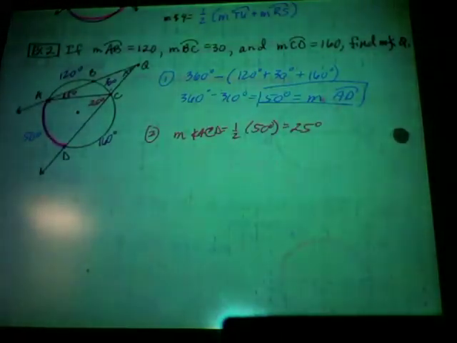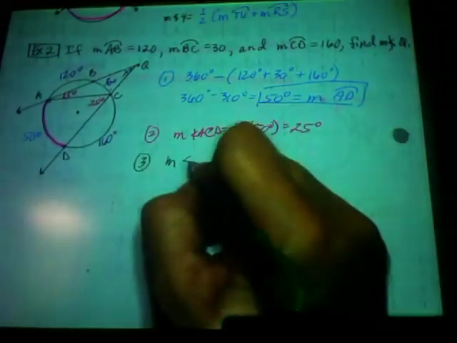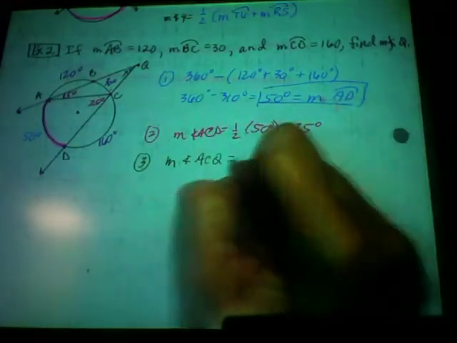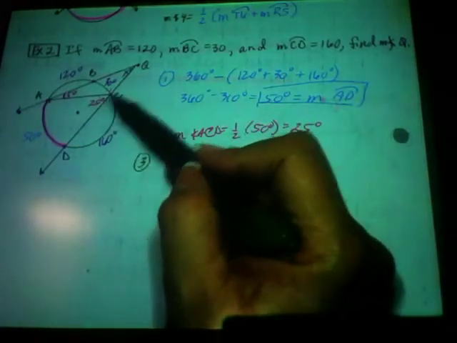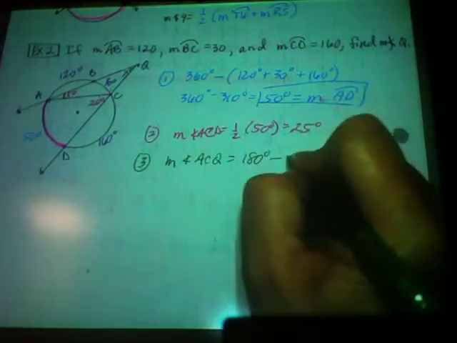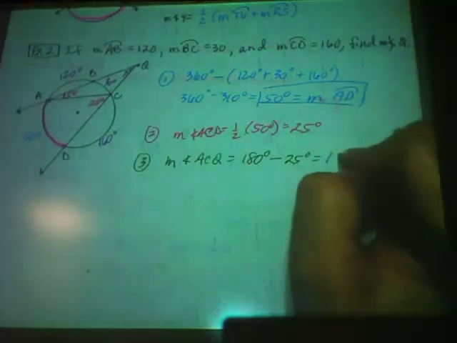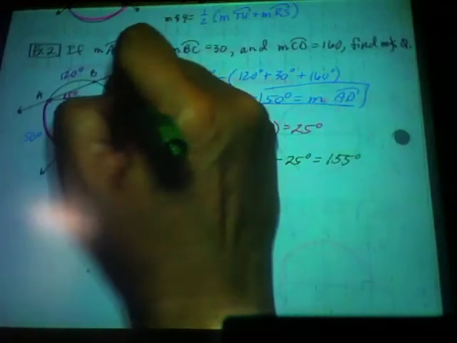So now I can find the measure of angle ACQ. Aren't these a linear pair? So I'm going to take 180 degrees and subtract the 25 degrees, and what does that give me? 155. So this is 155 degrees.